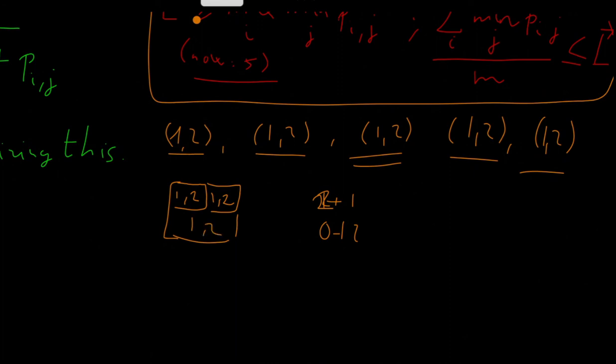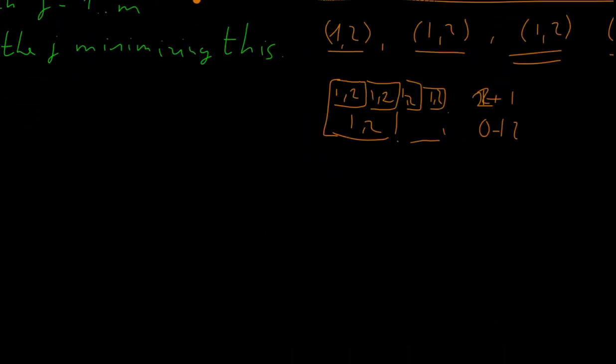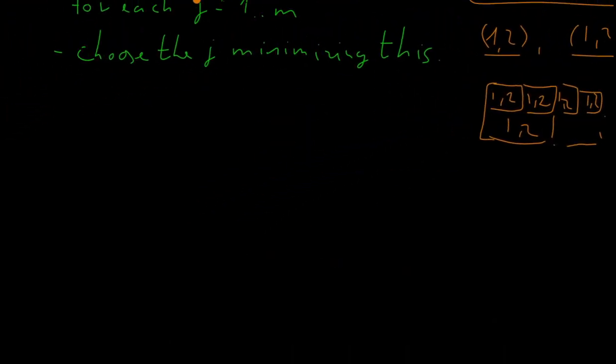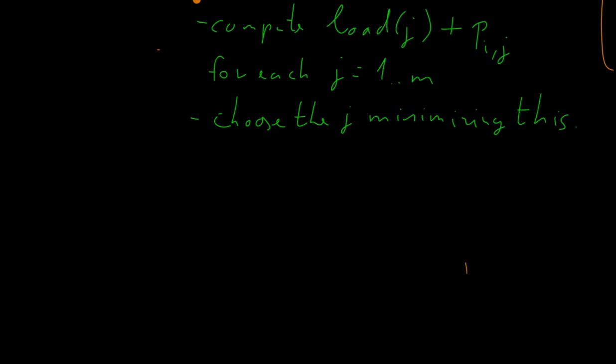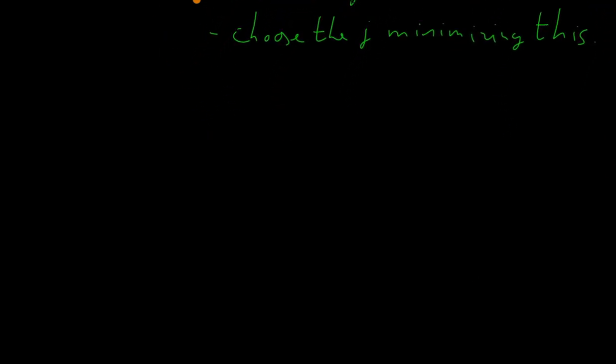And then you just repeat it, put the 1, 2 here, put the 1, 2 here, and should another 1, 2 arrive, that will be put here. So on this particular input sequence, the list algorithm performs better than the plain greedy algorithm.